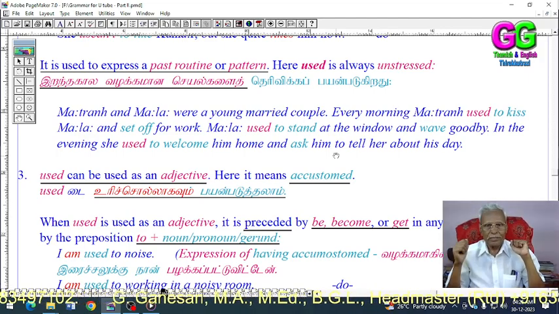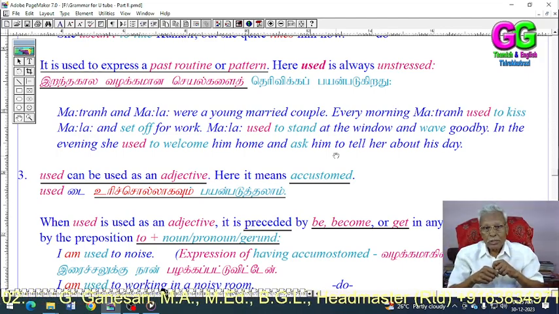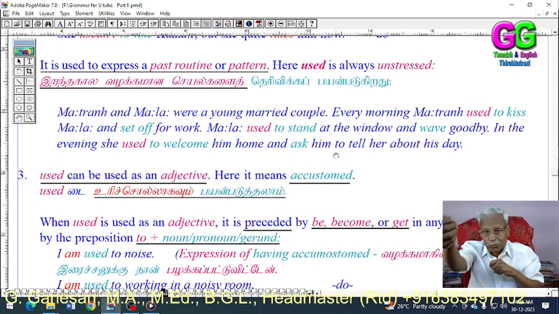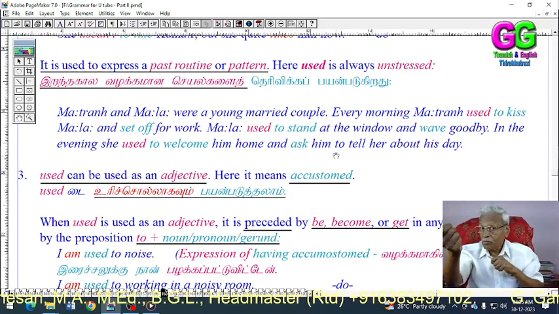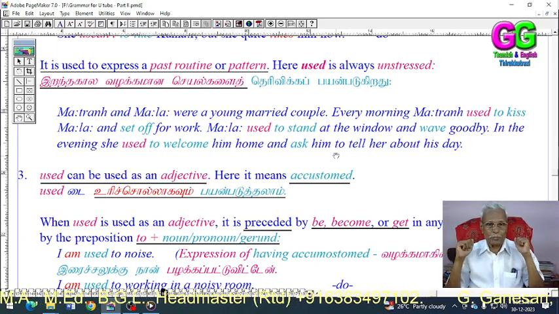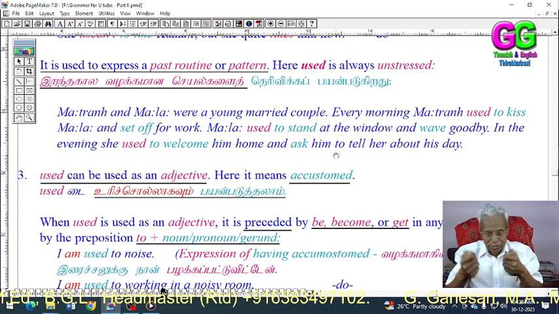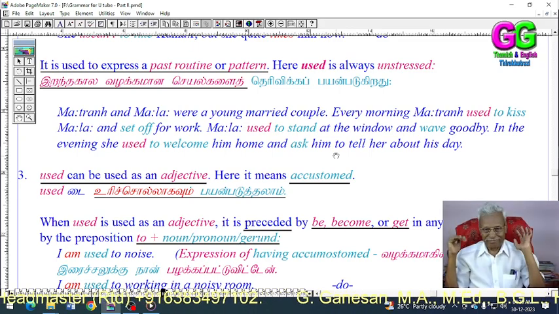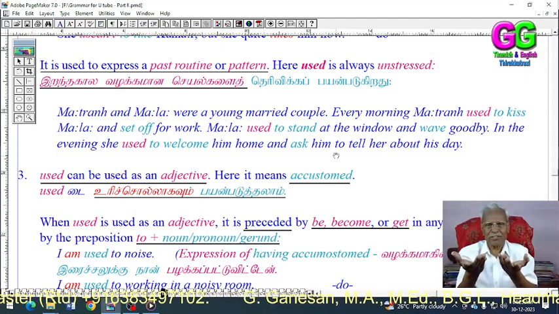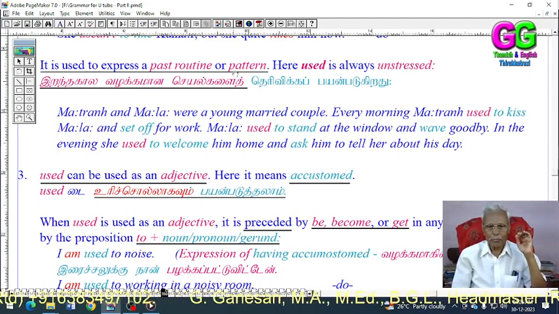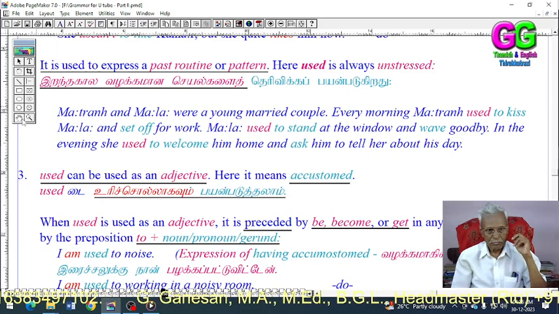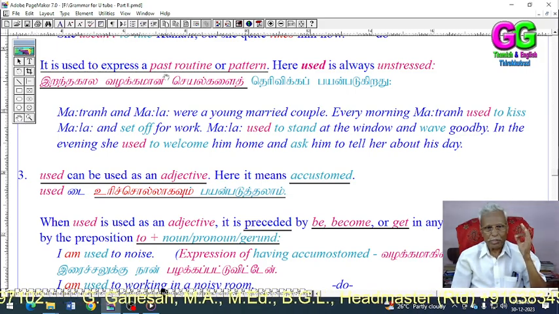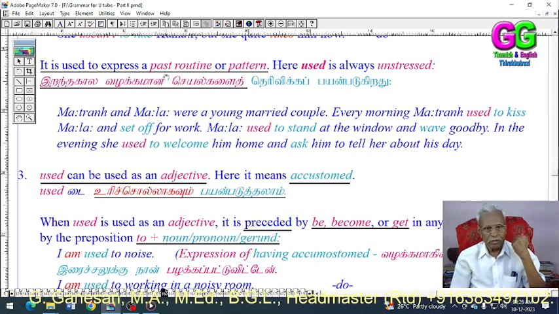In the evening, she used to welcome him home and ask him to tell her about the day. This is the message of this passage, a very good message. So it is used to express a past routine or pattern.